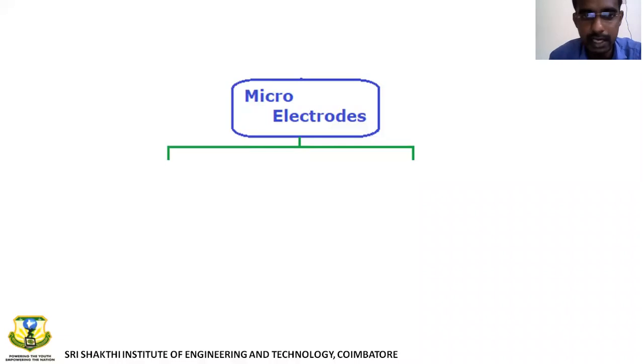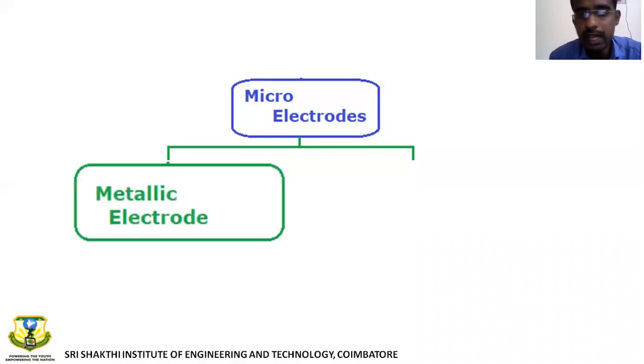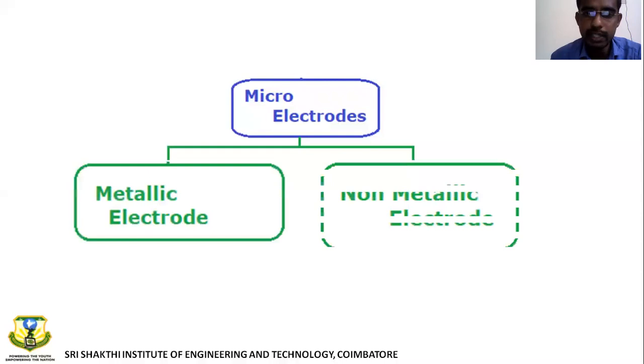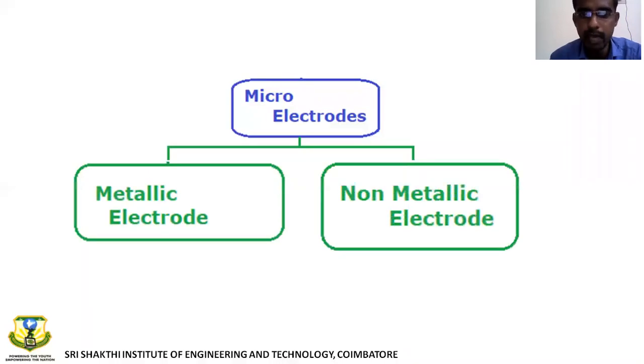That's why we call them microelectrodes. There are two types. One is metallic microelectrodes, and the other one is non-metallic microelectrodes.